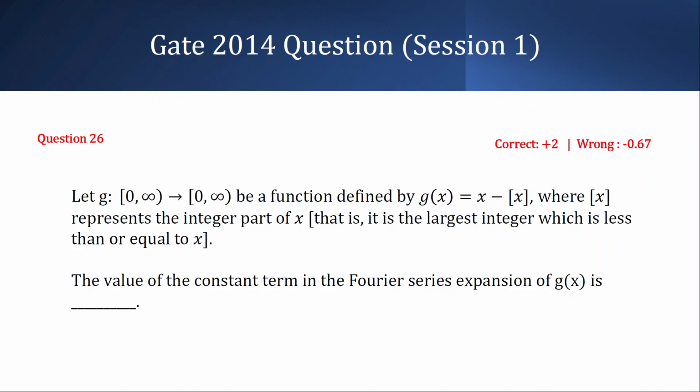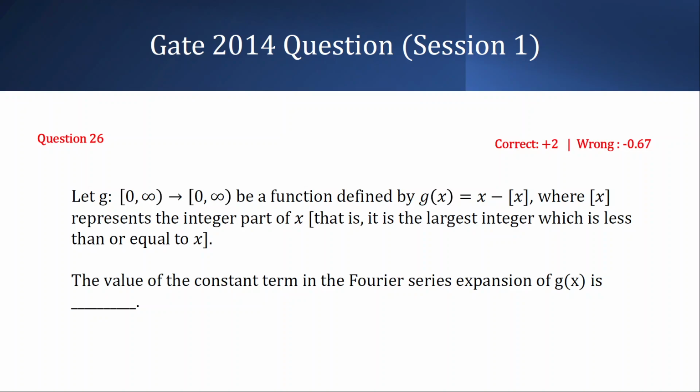You may have seen that there is a DC term like A0 plus A1 cos omega t plus A2 sin omega t plus A3 cos 2 omega t plus A4 sin 2 omega t. You have seen this, right? Yes, sir. So the constant term means the DC part, that is the A0.